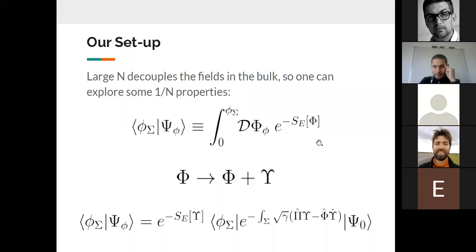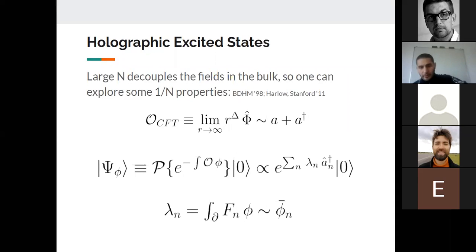So this slide is to argue that these states in the large N limit will become a good approximation of coherent states in the bulk. A different but equivalent way to say this is that one can use an operator map between the CFT operators and the canonically quantized operators phi, etc. in AdS by taking this, which we'll call the BDHM map, following Harlow and Stanford, this paper here.